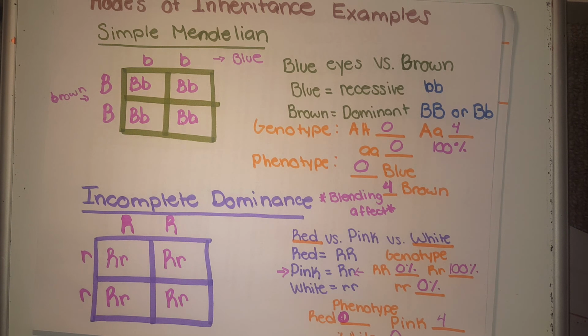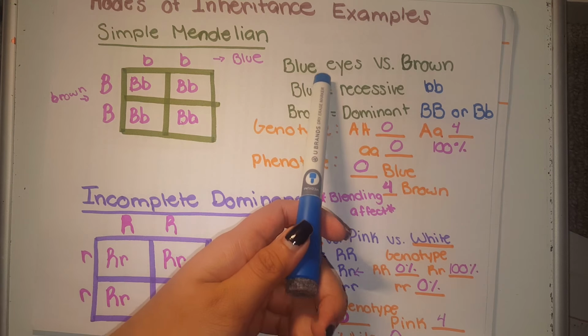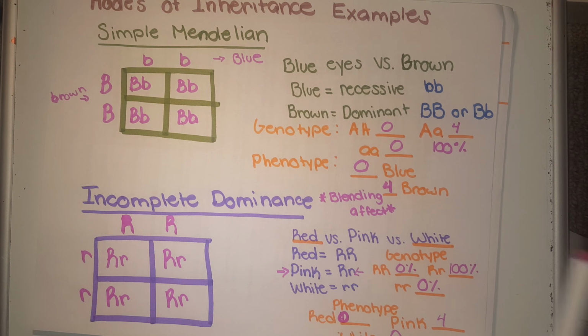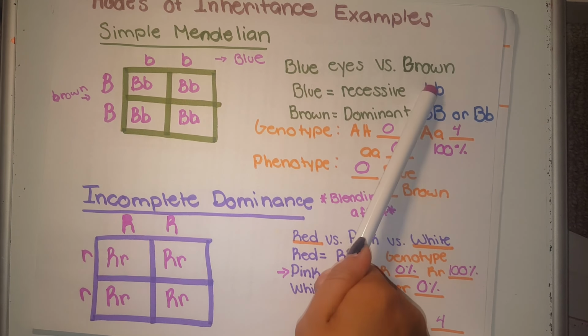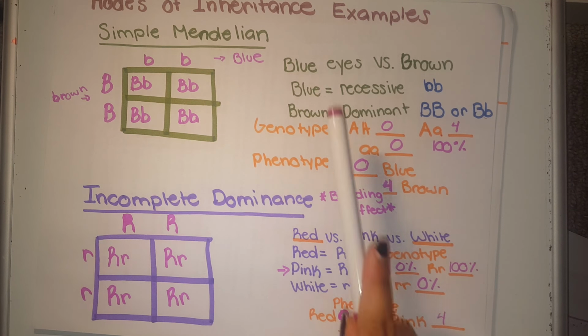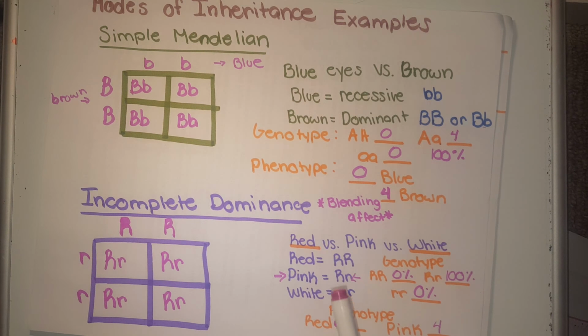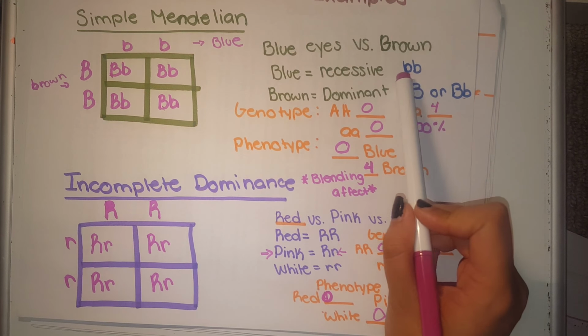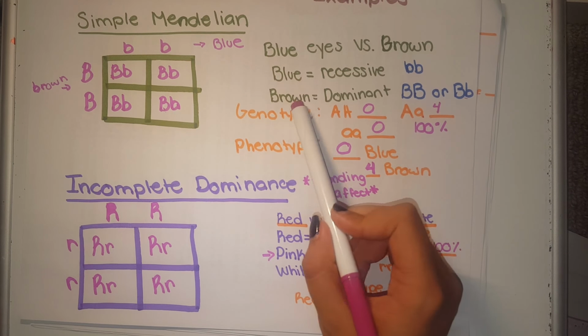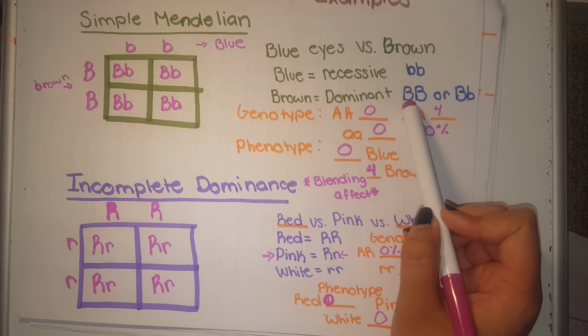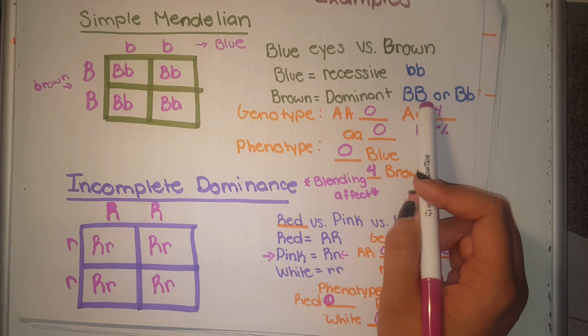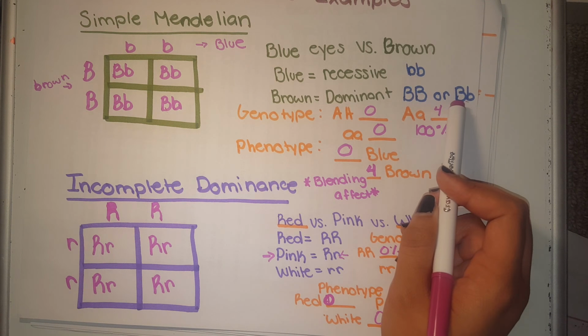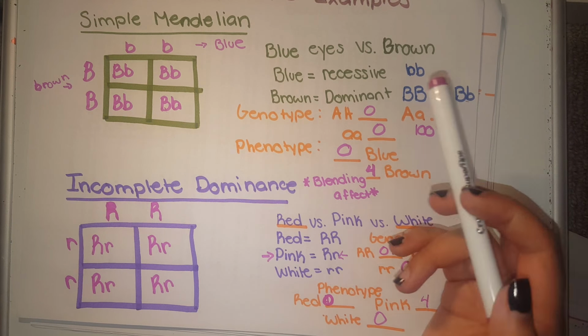Let's do some examples for modes of inheritance. First, we have simple Mendelian. We are going to cross blue eyes versus brown eyes. We know that blue eyes are recessive, so they will be represented as little b and little b. Brown is dominant, so that will be represented as either big B and big B, or big B and little b.